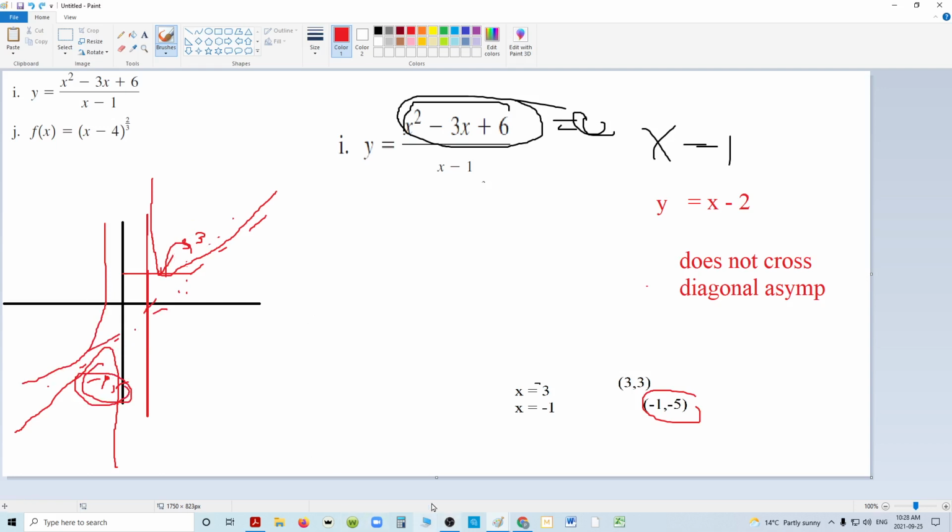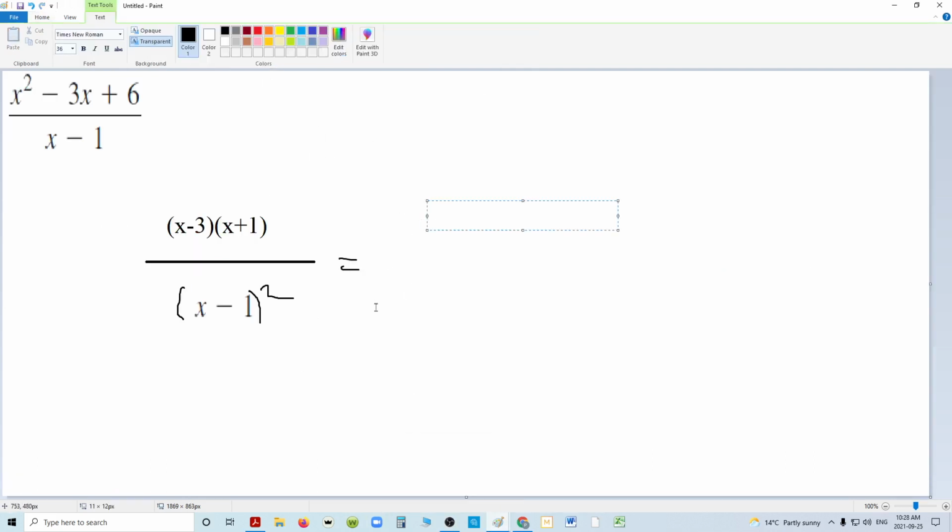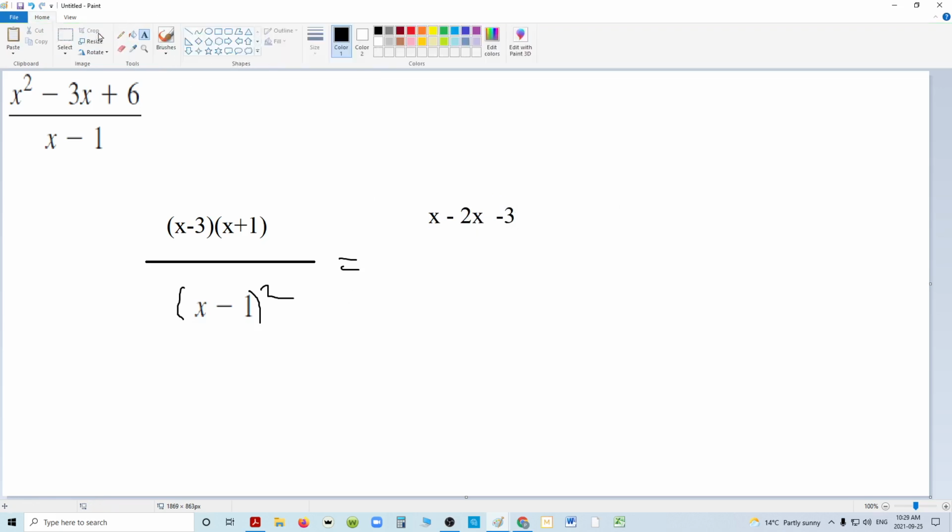However, for argument's sake, we will take the second derivative. And for the second derivative, it helps if you expand the top again. So you get x squared minus 2x minus 3. And you use that to find your second derivative. It also helps if you know what the bottom's going to expand to.